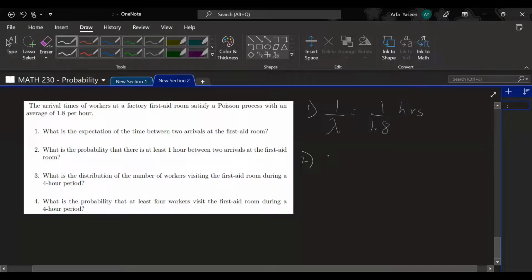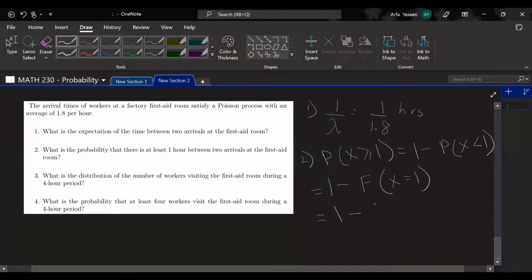You should have a very strong grasp over where we use exponential distribution and where we use Poisson distribution. To compute this, this is the CDF.